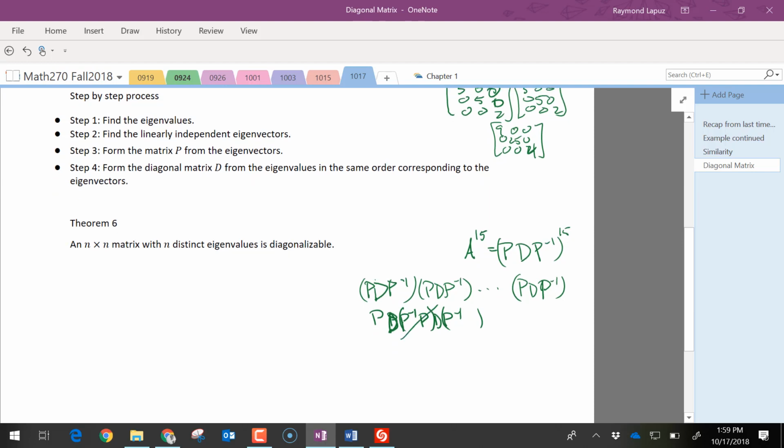They're all going to go away, and then we just have P D to the 15th power P inverse. All you have to do is take your diagonal to the 15th power and then multiply it on the left by P, and on the right by P inverse. So that's 2 multiplications instead of multiplying A 15 times.